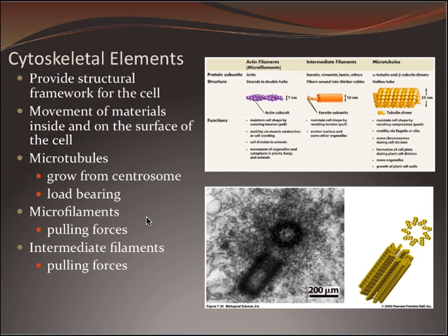More importantly, when we look at some of the cytoskeletal elements, we find three major types: the microtubules, microfilaments, and the intermediate filaments.